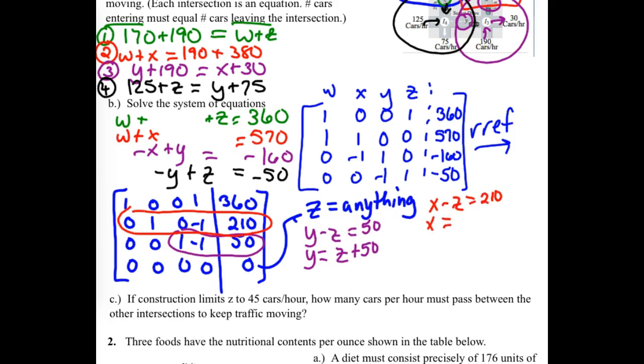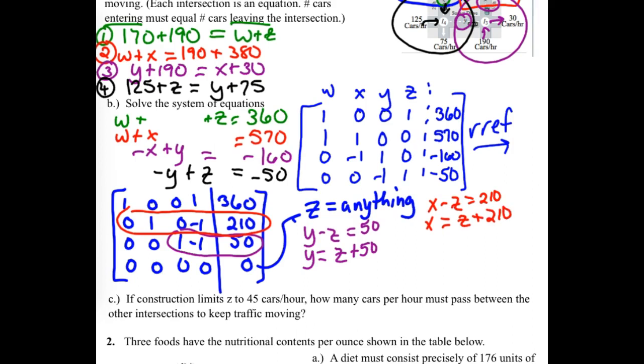So X would be positive Z plus 210. And my top row is telling me that a W plus a Z is equal to 360. So W would be negative Z plus 360.